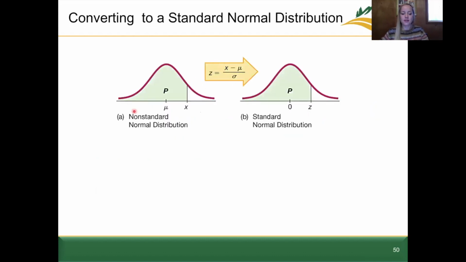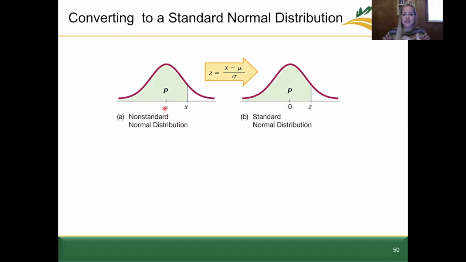So for example, in figure A, we have a non-standard normal distribution where our mean is not 0 and our standard deviation is not 1. So in order to take this picture A and convert it into picture B, that means we're going to make the mean be equal to 0. When the mean is equal to 0 and the standard deviation value is equal to 1, we think in terms of z-scores as we did for 6.1.